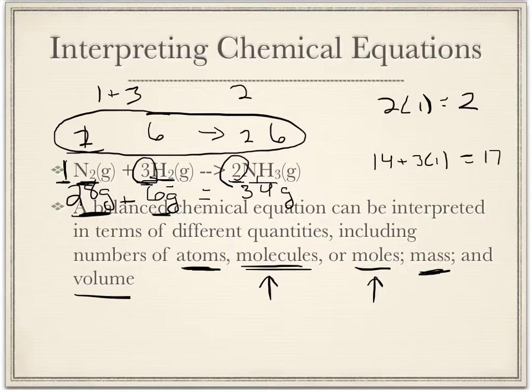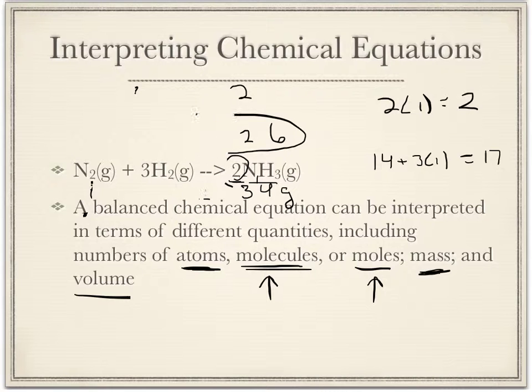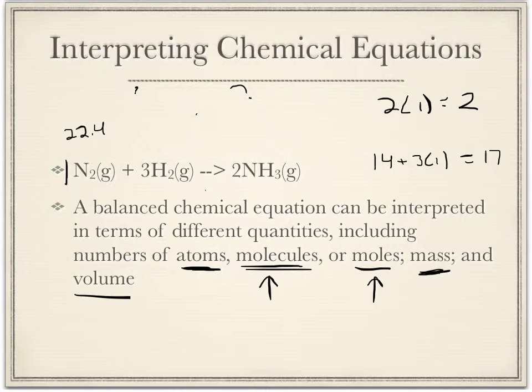And we've got quite a bit of stuff here, so let's get rid of some things. Erase this a little bit. If I'm talking about volume, remember we said that every mole is 22.4 liters. So if I say I've got 1 mole of nitrogen, I must have 22.4 liters. Here I've got 3 moles, so I must have 3 times 22.4, or 67.2 liters of hydrogen.